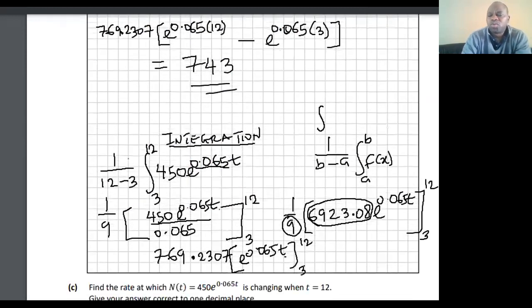So that's the solution to question 9b. Okay, I'm going to clear this.